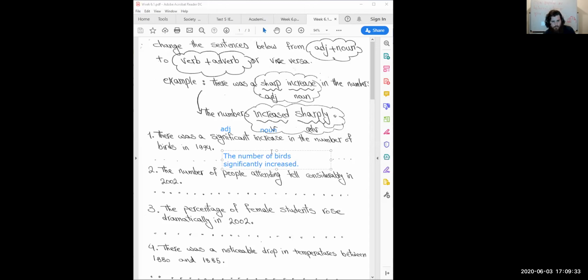Yes. Absolutely. So I could say, the number of birds significantly increased in 1994. I could also say at the very beginning, in 1994, the number of birds significantly increased. It's important to know that we can vary our language up, guys, and to know those variations because it gets us changing some of our language up, which is good for our marks.